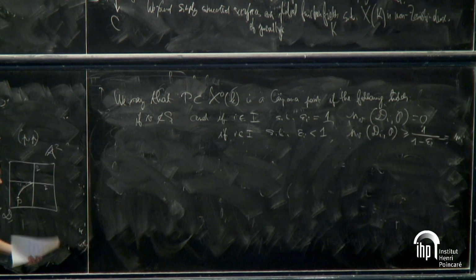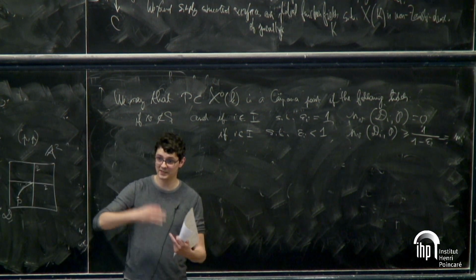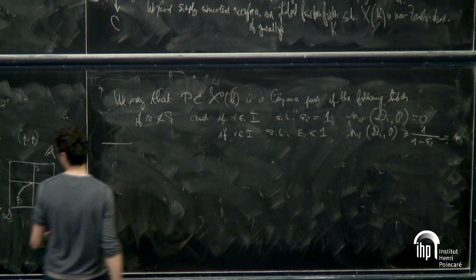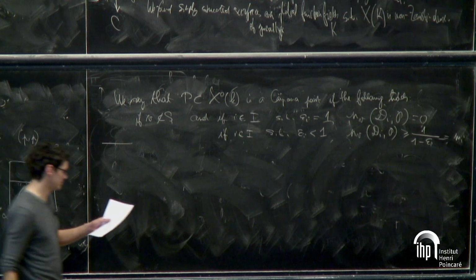Okay, so this is a more restrictive notion. It imposes tangency conditions for points with respect to individual components of the boundary. And one can check that the set of weak Campana points is a larger set.